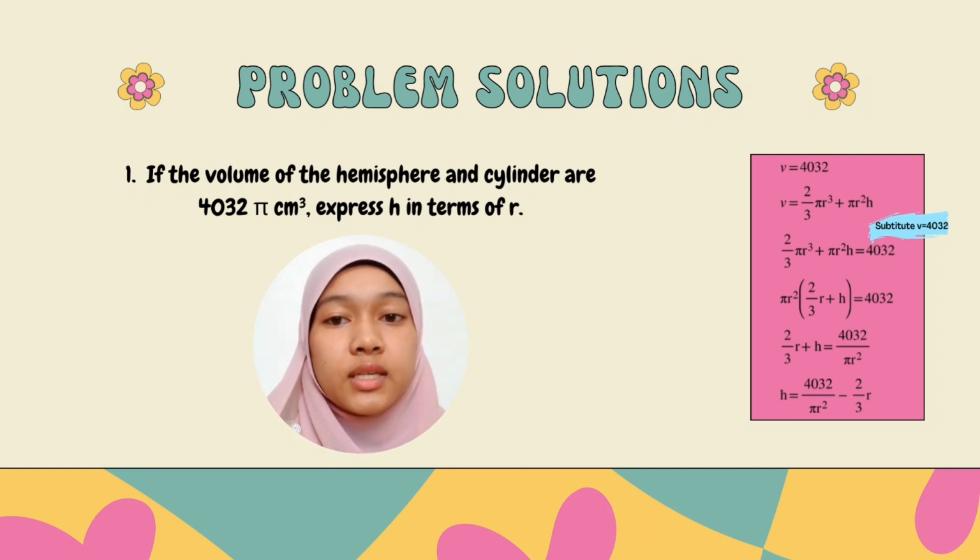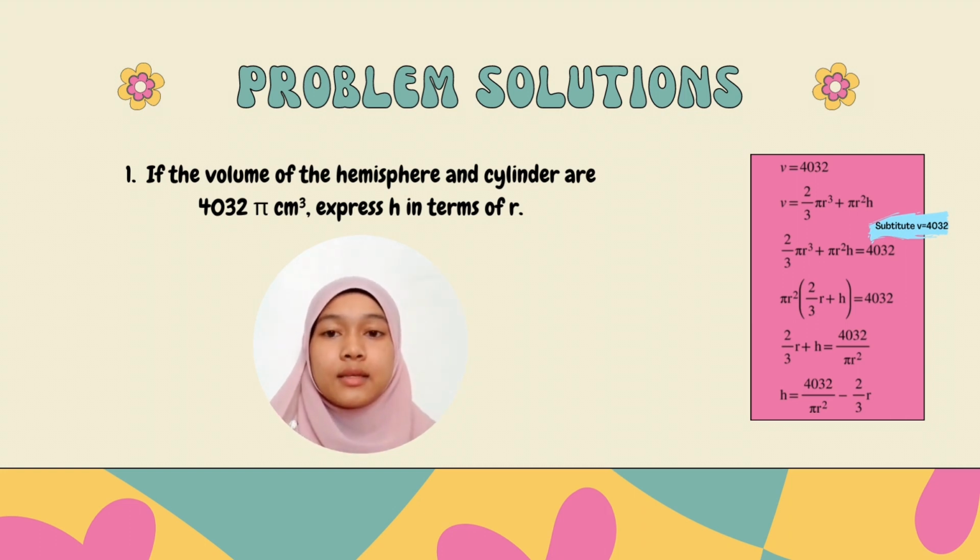So the solution is: Step 1. V equals 432 pi, the volume of cylinder and hemisphere. Step 2. V equals 2 pi r cubed over 3 plus pi r squared h. Step 3. 2 pi r cubed over 3 plus pi r squared h equals 432 pi. Step 4.